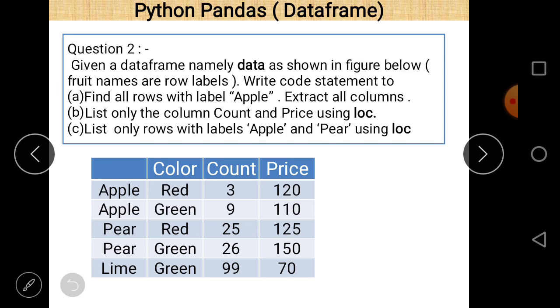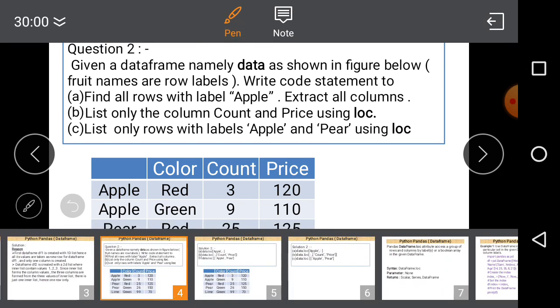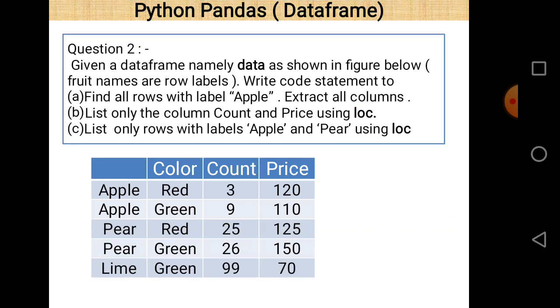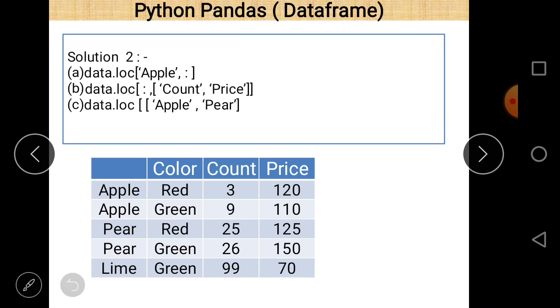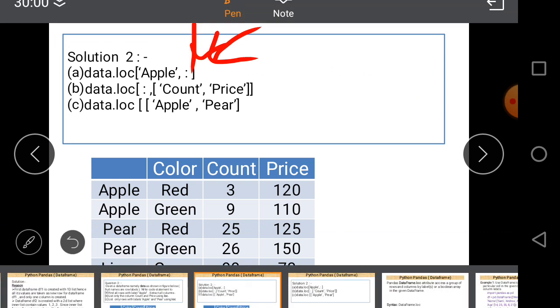And we have to select all columns here because it is given in the question: extract all columns. So to extract all columns, just put a colon sign as given here.